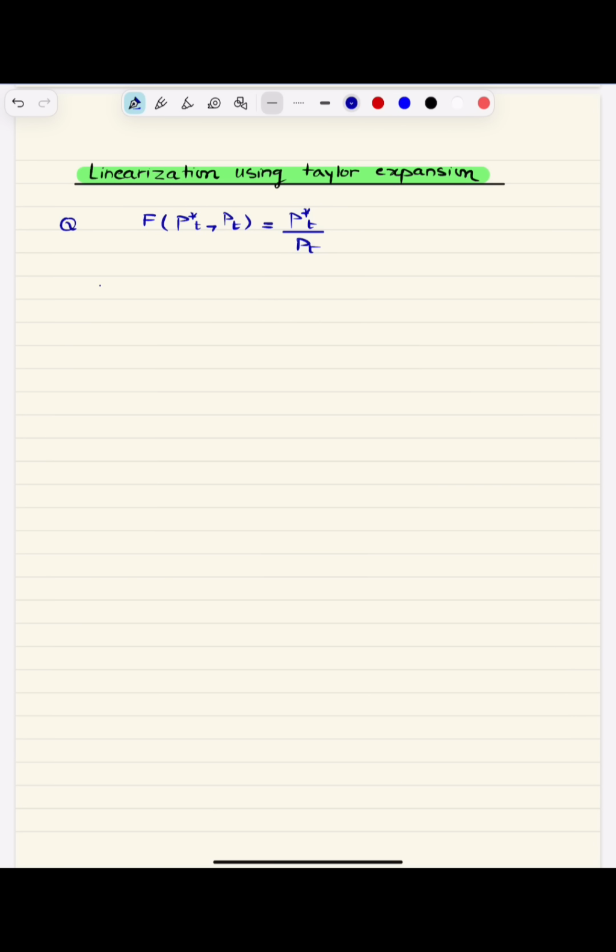So if I define a function g, P star, P, as the log of the function f, this is basically just the deviation of price from PT.